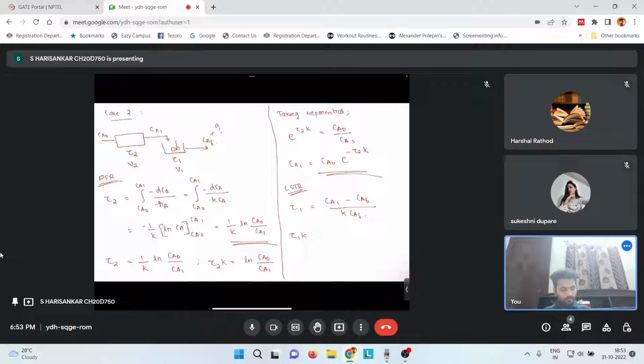Tau 1 K CAF is equal to CA1 minus CAF, and tau 1 is basically V1 by Q. So V1 by Q K CAF is equal to CA1 minus CAF. Now all we have to do is rearrange this.